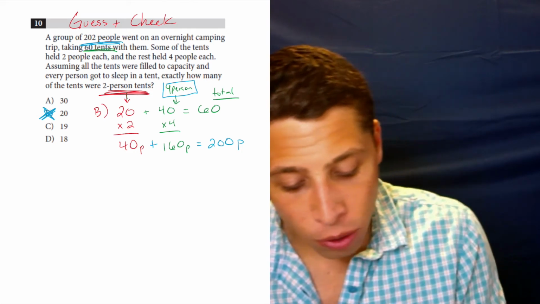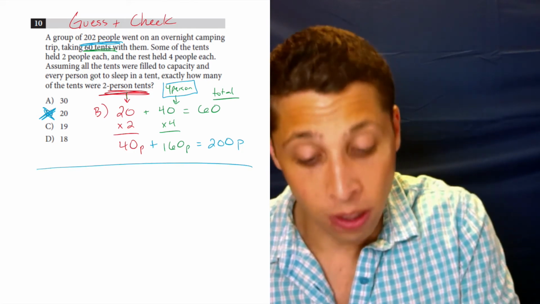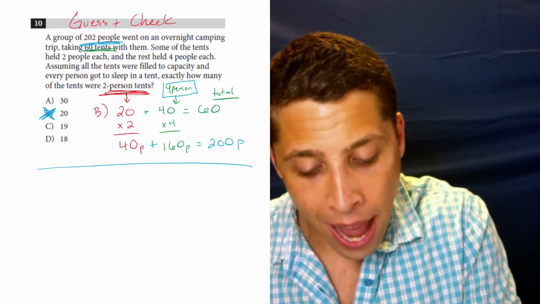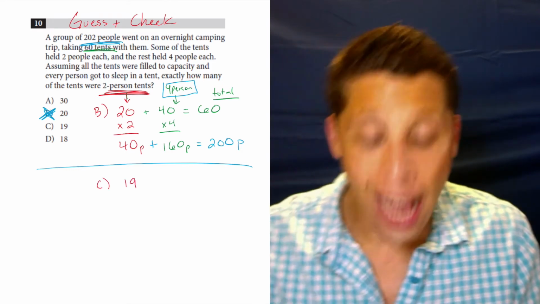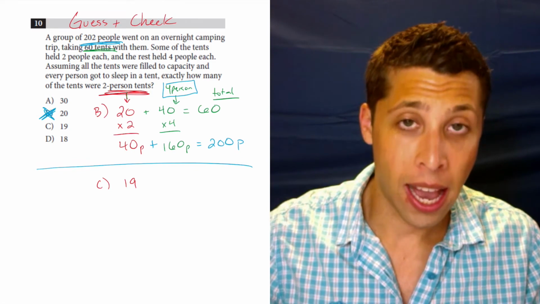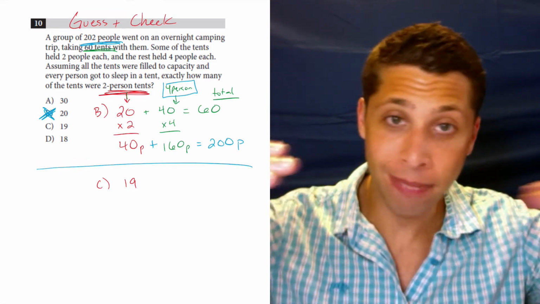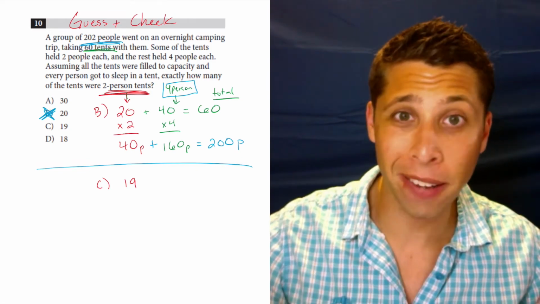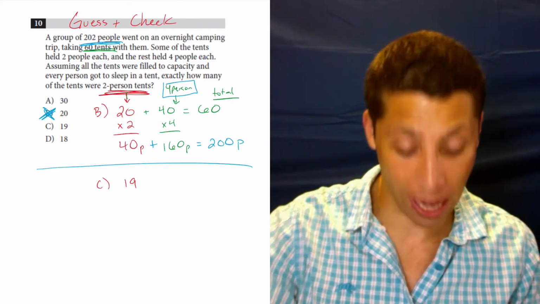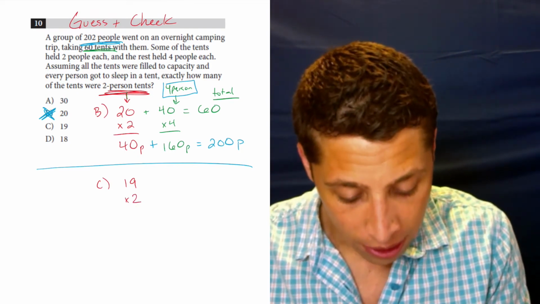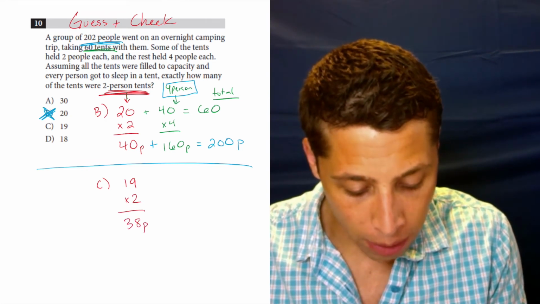So now I'm going to do this exact same process, but now I'm going to try choice C as the number of two-person tenths. And notice how it's going to be the same process, right? I'm not really thinking that hard this time because I've already figured out what to do. I'm just doing it again. So 19 two-person tenths times 2 is 38 people.